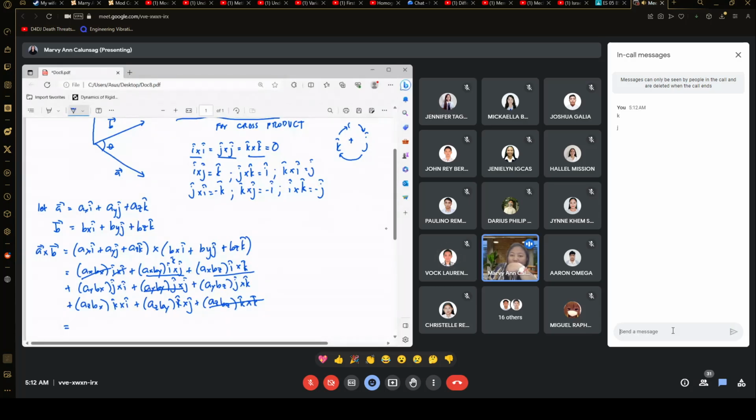I cross K would be negative J. And J cross I is negative K. Then this one, J cross K, positive I. K cross I is positive J. And then lastly, K cross J, negative I.